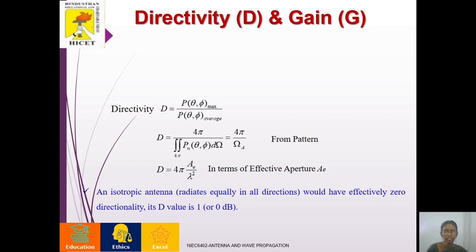Mathematically, D is equal to P(theta, phi) maximum value divided by the average of P(theta, phi). In terms of effective aperture, it is 4 pi Ae by lambda square. An isotropic antenna, which radiates equally in all directions, has D value equal to 1 always, or the directivity of an isotropic antenna is 0 dB.